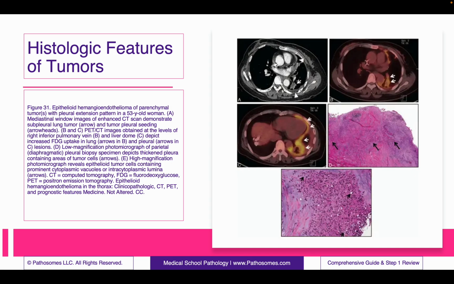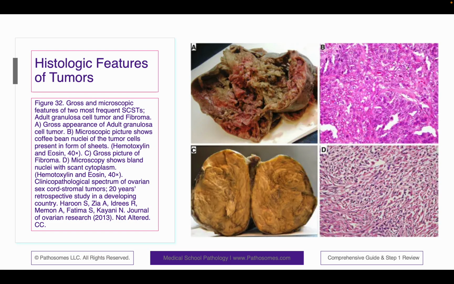Be on the lookout for tumors. And what is this? You can pause and check out the descriptions of these images, but for brevity's sake, we're going to move on.